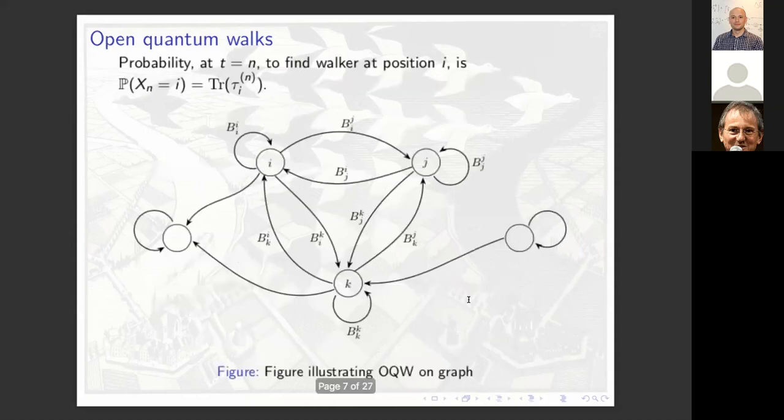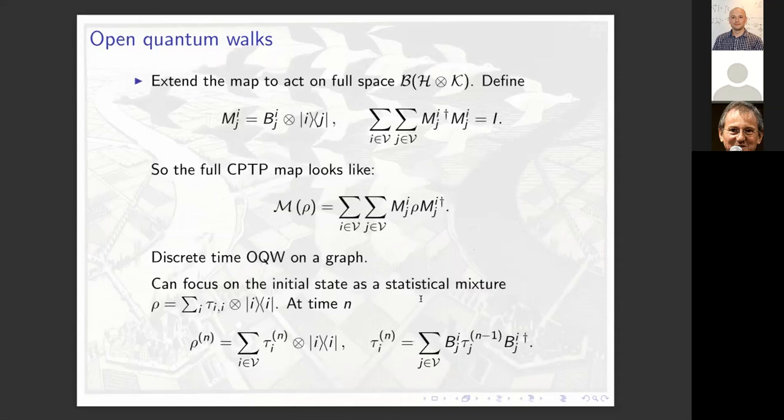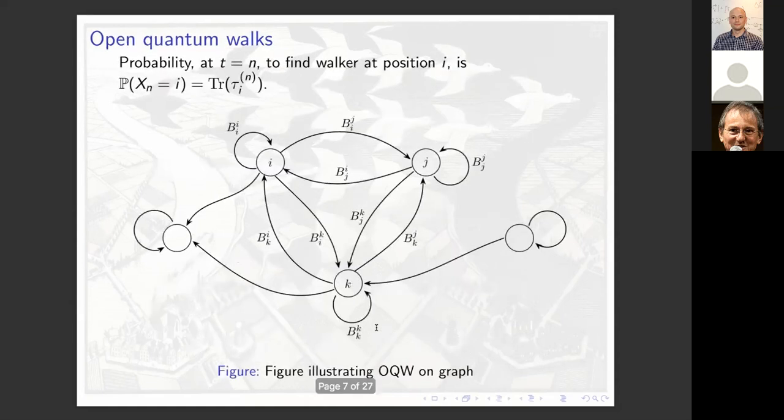If you want the probability at time n to find the walker at position i, where i labels some position on the graph, what you can do is take the trace of this matrix here. So at time n, the probability to find location x equal to i would just be the trace of this matrix. Okay, so that's what's happening there.